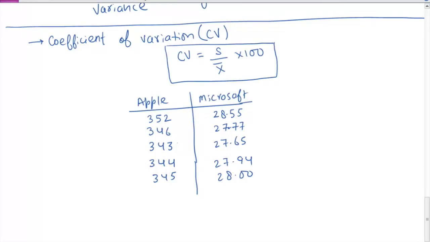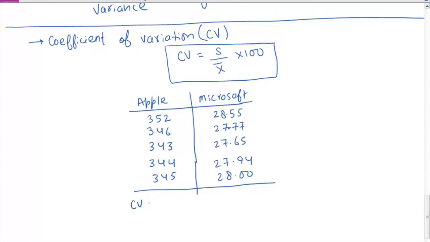So to make a comparison of these two dissimilar data sets, coefficient of variation can be used. What we do is you calculate X bar, calculate standard deviation for the two, and then using the CV formula you can find the two numbers.